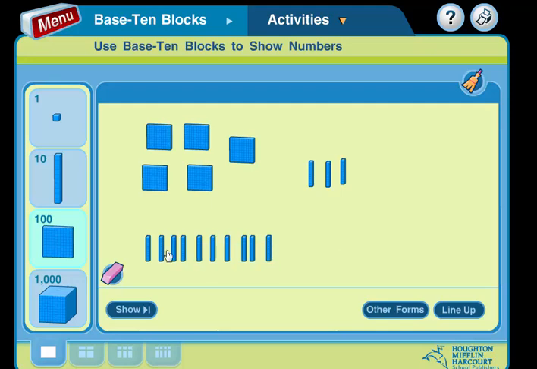Okay, because 10 tenths equals 1. 1/10, 2/10, 3/10, 4/10, 5/10, 6/10, 7/10, 8/10, 9/10, 1. Okay, so I'm just going to replace these with the 1 whole.